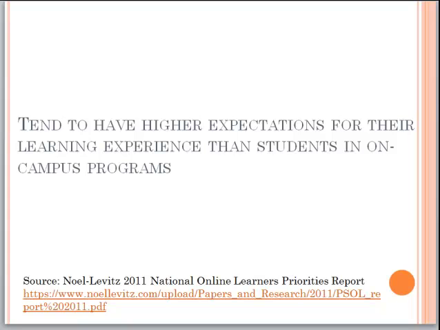This is shown in the literature, but I've also seen it anecdotally at Norwich. We did the LibQual study, which is basically a satisfaction survey created by the Association of Research Libraries, and it's great because you can do benchmarking against other institutions. It's valid and reliable and all that good stuff. But we found that our graduate students, who were all online, had much higher expectations in just about every area than most graduate students we saw at other institutions.